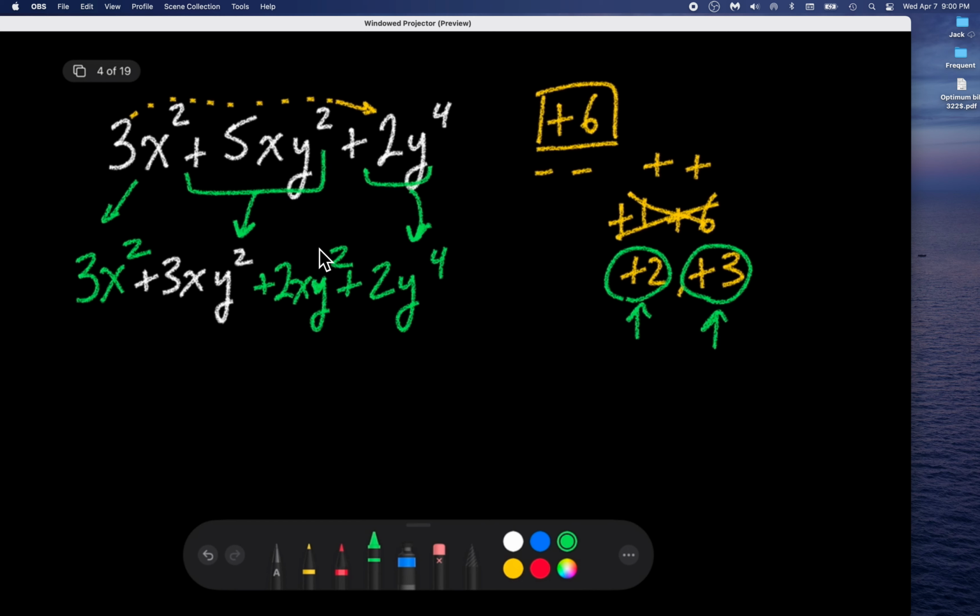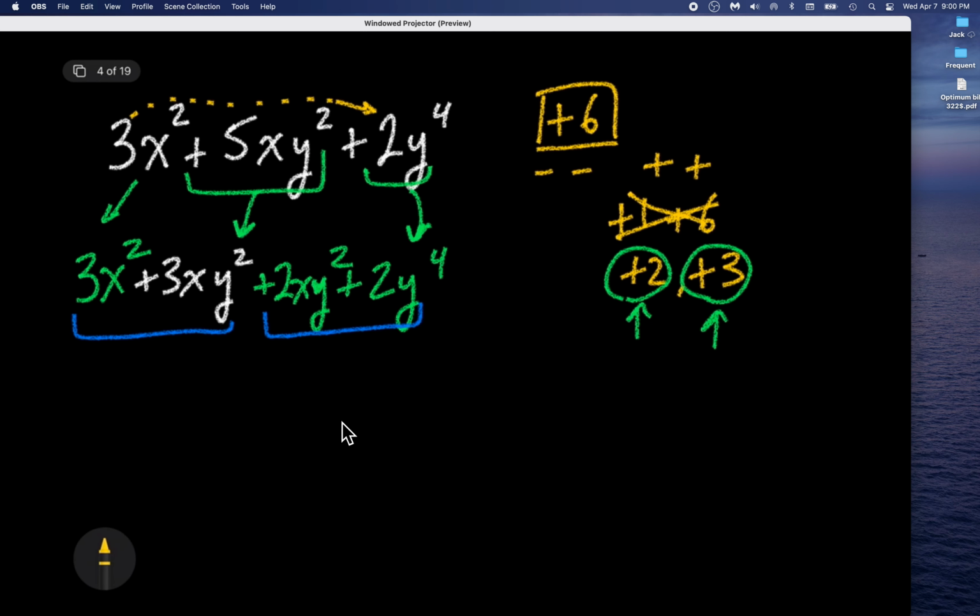Okay. Now I created a left and a right side of the expression where I will be able to factor something out. If I reversed it, if I put the 2 over here, 3 over there, it would not have been as easy. Okay, so let's do that.